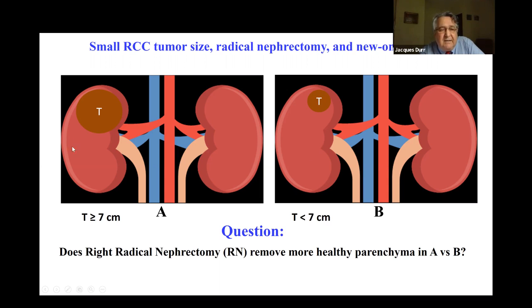Whether this volume is smaller in a patient with a large tumor or not, or whether this tissue is less healthy than this, is hard to say, but that's why it's important to know the state of the parenchyma in terms of volume and how healthy that parenchyma is to make predictions. But we need to keep this in mind.